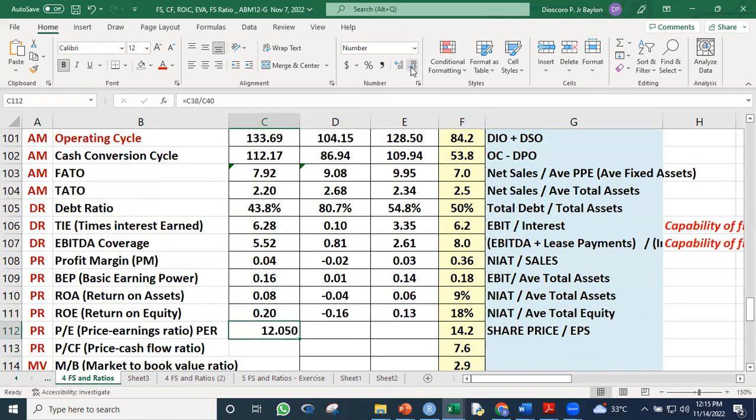What is the computation of EPS? Net income after tax divided by average number of shares outstanding per share. How many shares are outstanding?